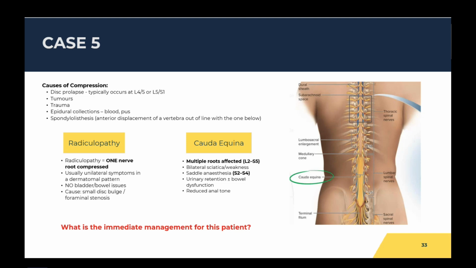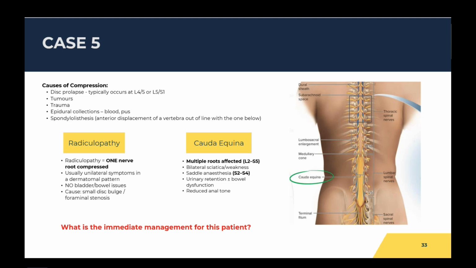You can also have tumors, particularly metastatic tumors of the spine, that can cause compression, and trauma resulting in fractures. You can have epidural collections, like blood and pus, and then spondylolisthesis, which is basically anterior displacement of the vertebra from the vertebra below.